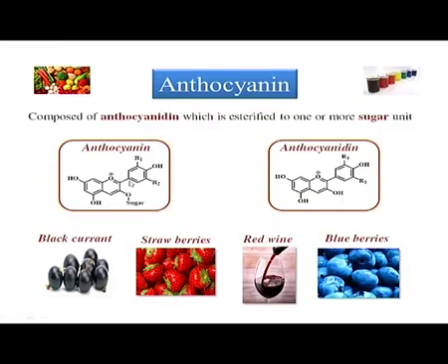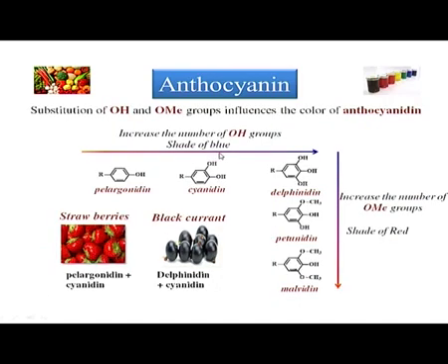Another class of compounds is anthocyanins, which again have extended conjugation in the molecules and polyhydroxy functionalities, and this provides all those bright colors seen in berries and different other fruits. One interesting thing about them is, generally if you have more hydroxy groups, the color shifts from red to blue.